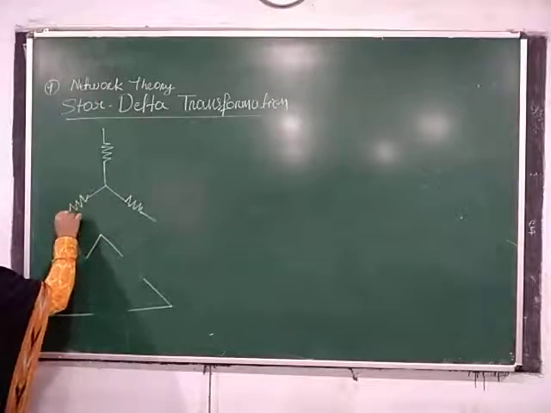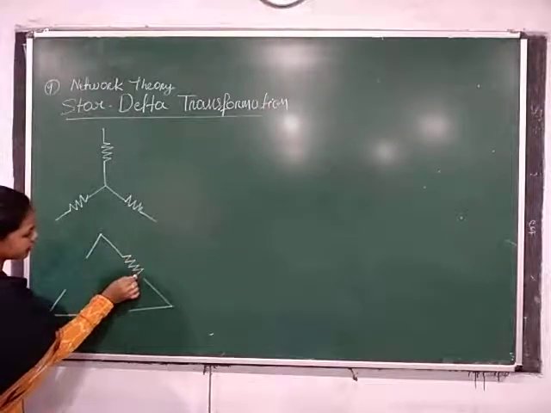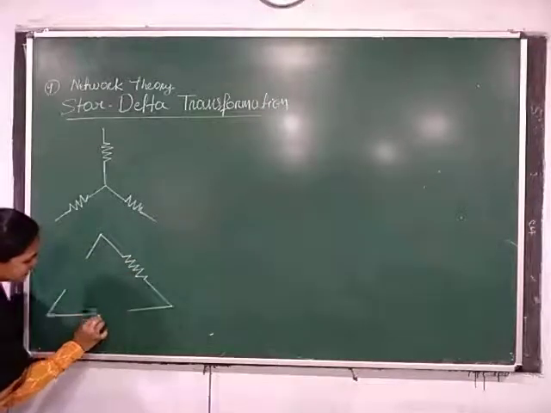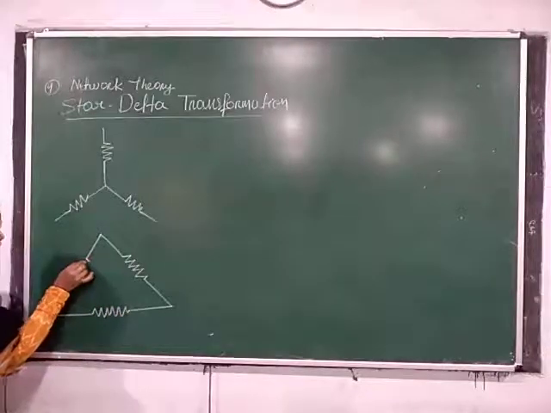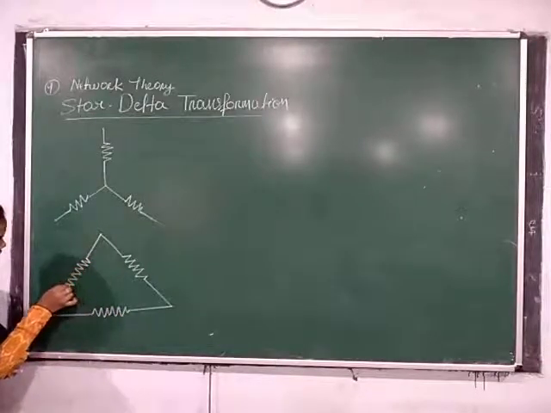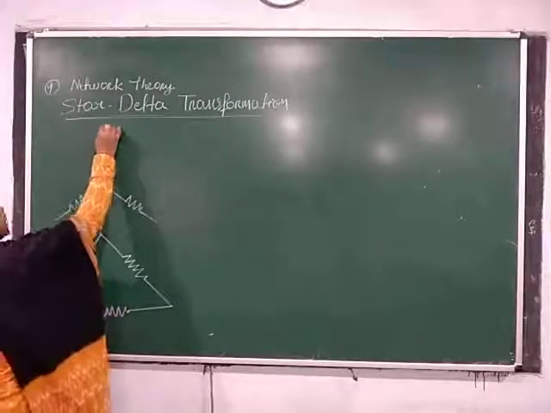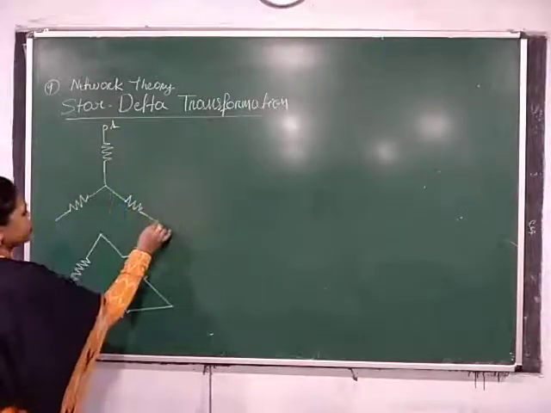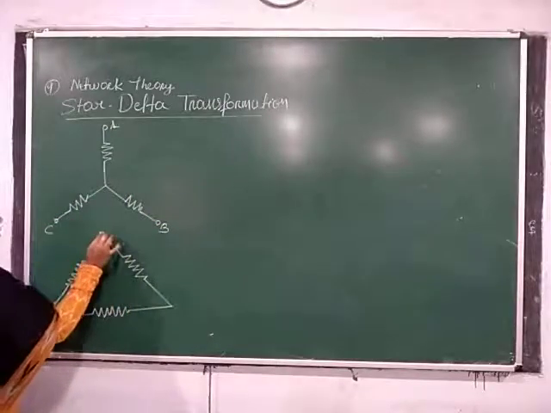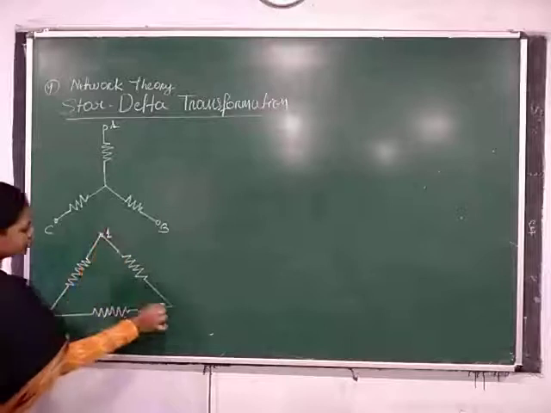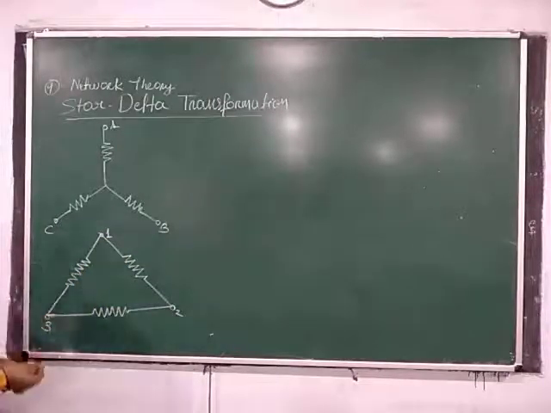It may consist of a combination of resistor, inductor and capacitor, and at that time it is called impedance. The circuit element in each terminal is called impedance. Let this terminal be A, this one B, this one C. Likewise, let this one be 1, this one 2 and this one 3.